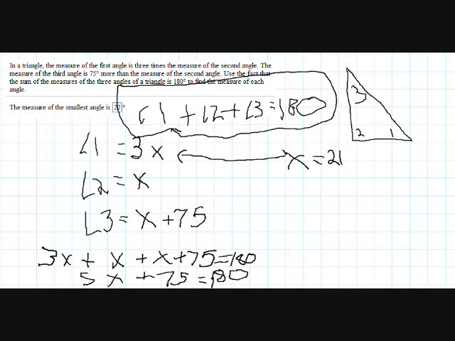To get the other two angles, you substitute into this one. 3 times 21 is equal to 63. Is that right? Yep, 63. And then finally, the last one is going to be 21 plus 75, and that's going to be equal to 96.